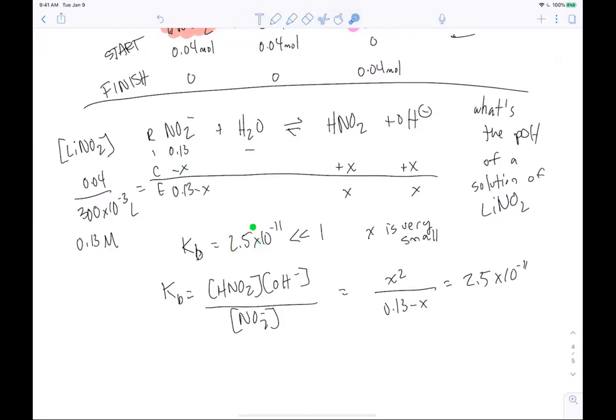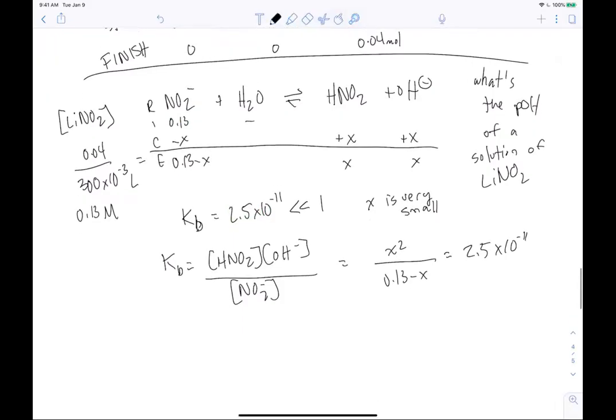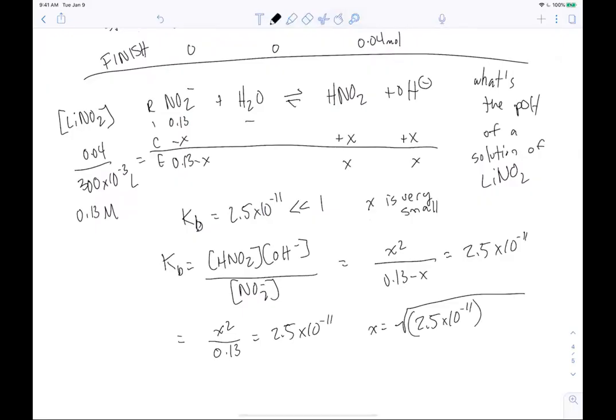So if Kb is a really small number, we can assume that X is going to be a really small number. And so we can do this nice simplification where we just say that X squared over 0.13 is equal to 2.5 times 10 to the minus 11th. And so X is going to be equal to the square root of 2.5 times 10 to the minus 11th times 0.13.